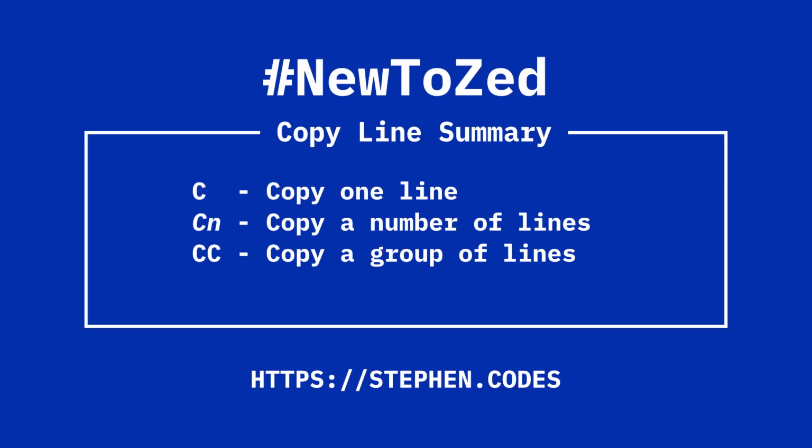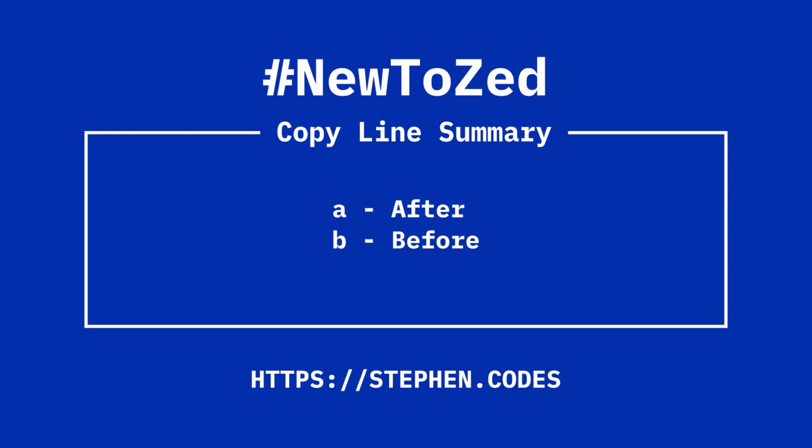And remember, we use that with a CC on the first line and a CC on the last line, and it will copy anything between those two lines. And lastly, remember that in order to use a copy command, we also have to tell it where it needs to be copied to. And we do that using the A for after or B for before line commands.